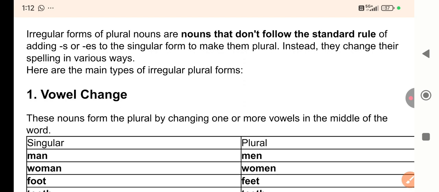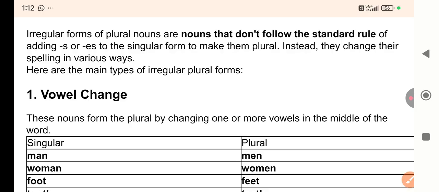We usually add s to the singular noun, so it becomes plural. Boy, boys, girl, girls, table, tables, right? Horse, horses, like this. But some nouns have irregular plural forms, which we are going to discuss here.